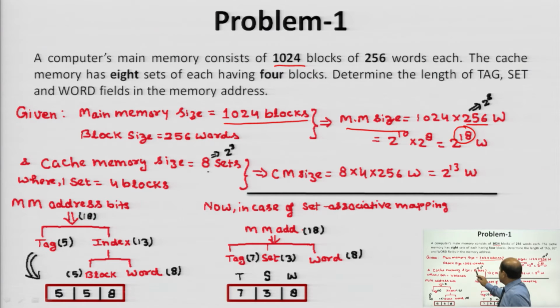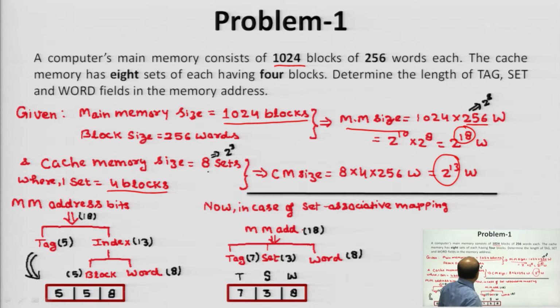So, cache memory size is 8 sets, that is 2 to the power 3, multiplied by 4 blocks, multiplied by 256, because in one block we can store 256 words. So, cache memory size will come as 2 to the power 13 words, and 13 bits are required to map the cache memory.